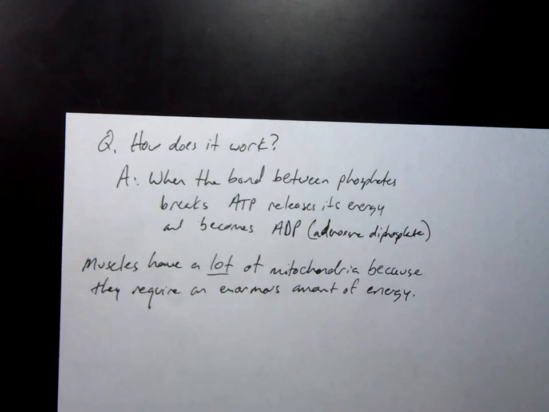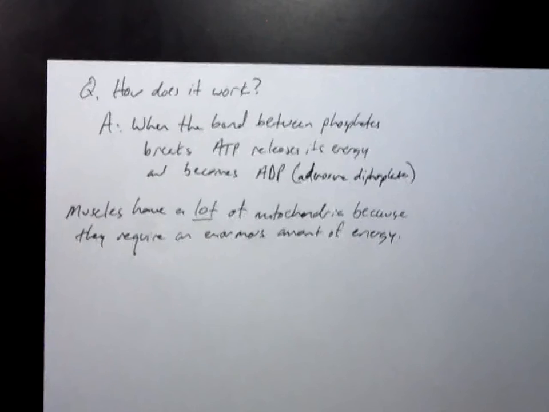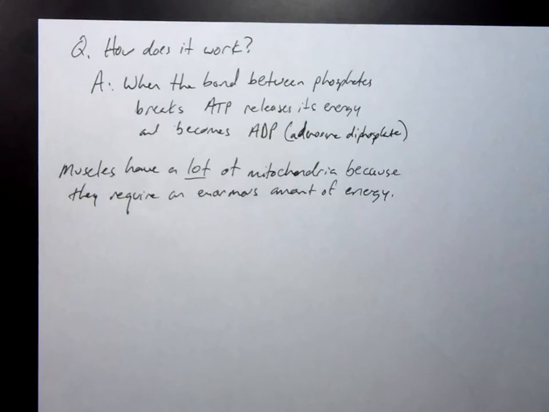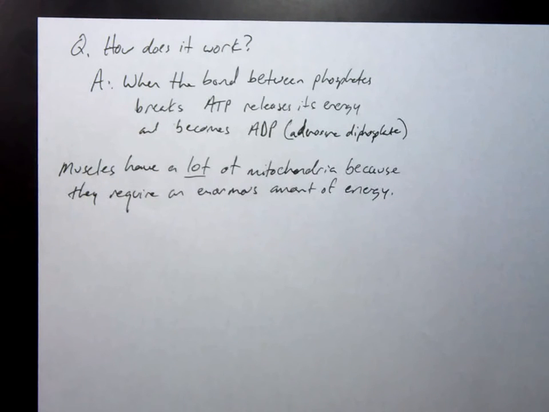Which is also why, generally speaking, dudes lose weight faster than ladies, because they have a lot more muscle mass just in general, because their frames are larger and muscle burns energy, because it's making ATP, and basically what fat is, is stored energy.